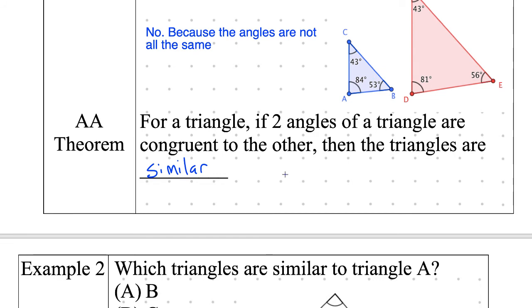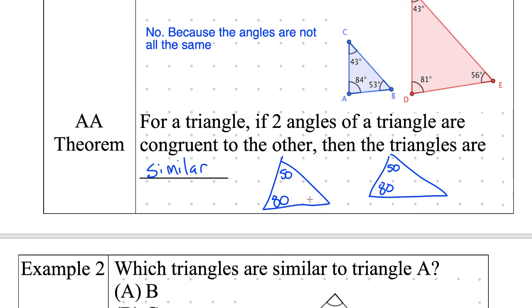For example, if I have a triangle here that was, I'm just going to make up numbers here, 80 and 50, and I told you this triangle over here was 80 and 50, you know what this angle is right here. It's obviously not even close to being drawn to scale. You know this angle because all three of these angles must add up to 180 degrees.